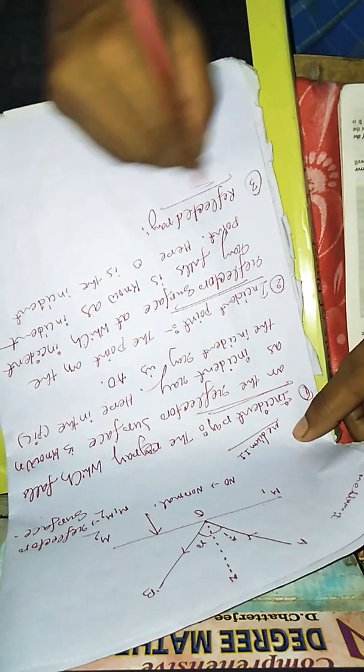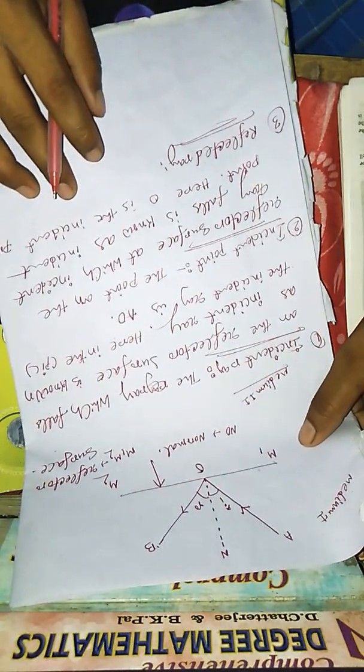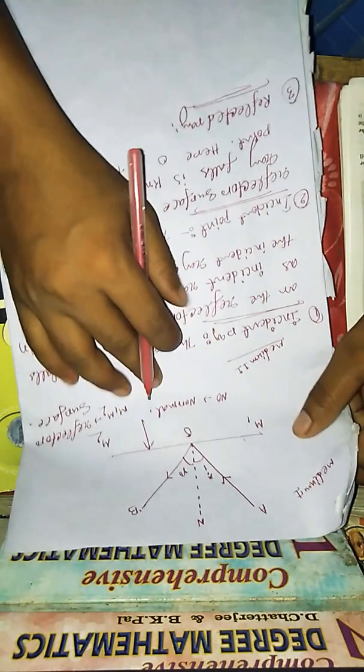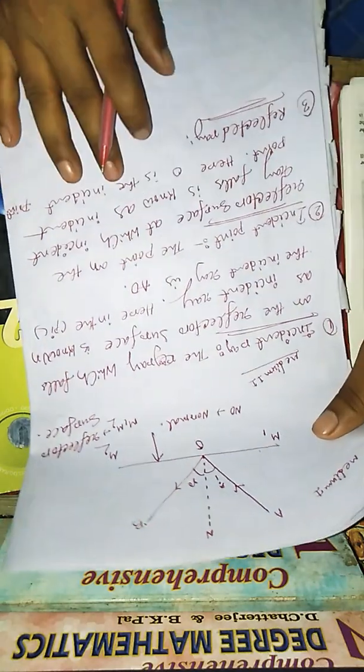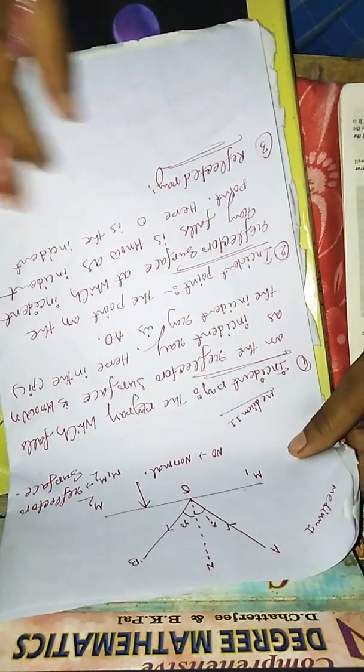Who is the reflected ray here? Can you say what is the reflected ray here? Here OB will be the reflected ray. And what is the definition of the reflected ray?